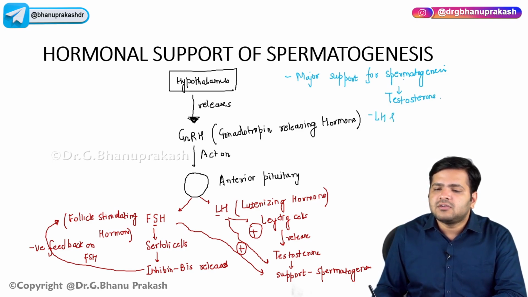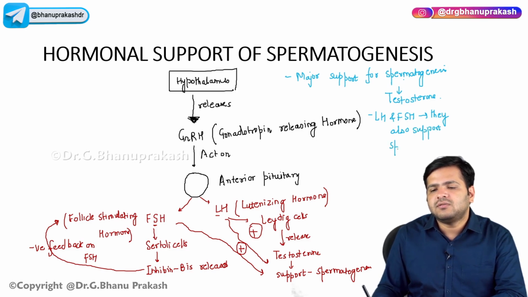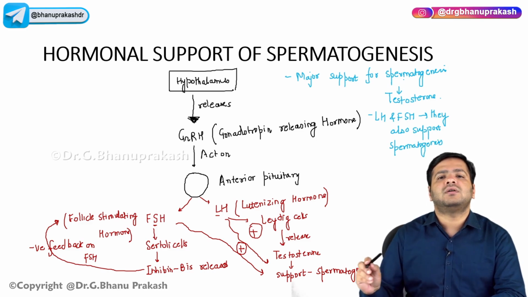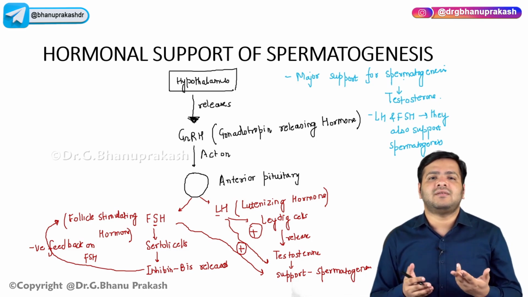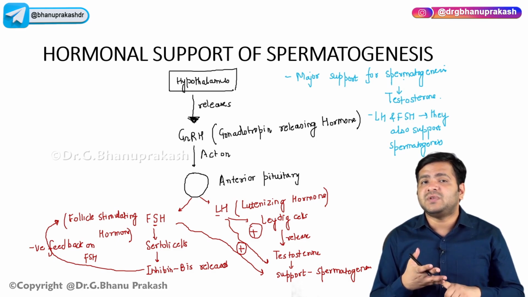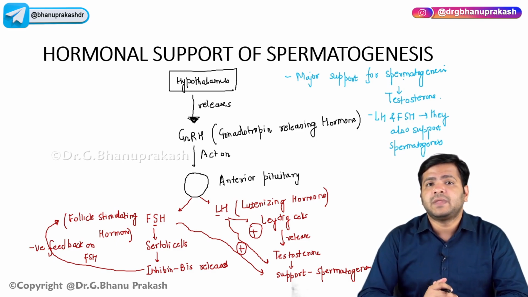LH and FSH also support spermatogenesis. So if I ask you a question, all the hormones support spermatogenesis except, so whichever option is there. You all know the three: testosterone, follicle stimulating hormone and luteinizing hormone. Apart from these, if any other option is given, you can just mark it as the answer.